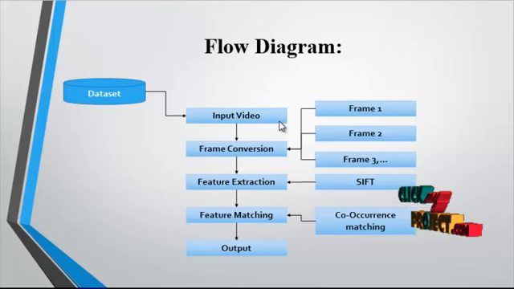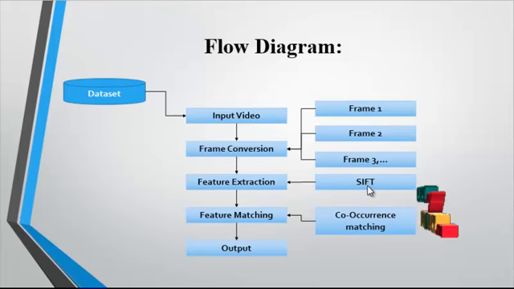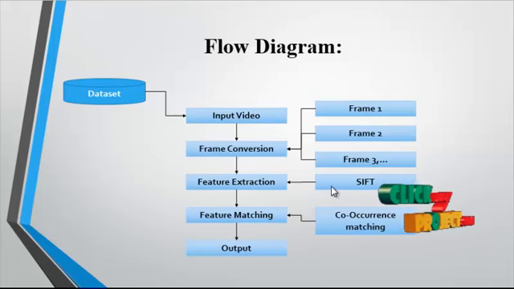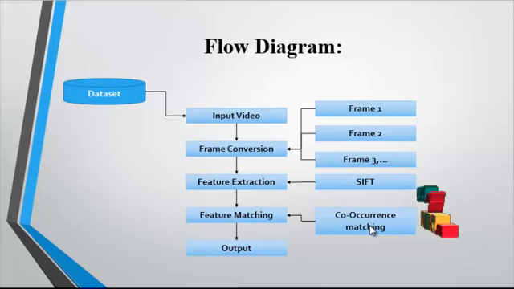After converting the video into the sequence of images, the feature is extracted from each frame. For the feature extraction, we use the SIFT feature extraction method. After extracting the features from the frames, the feature matching is done using the co-occurrence matching.